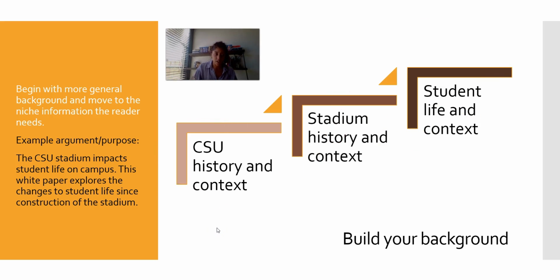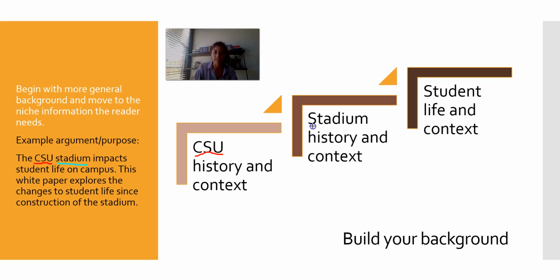And if you get a little bit lost, it can sometimes be helpful to look, if you have a really strong purpose statement, right? And so it's like, okay, well, the CSU, right? And so you know where you need to start. The stadium.